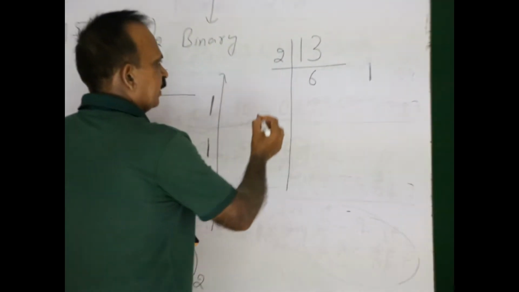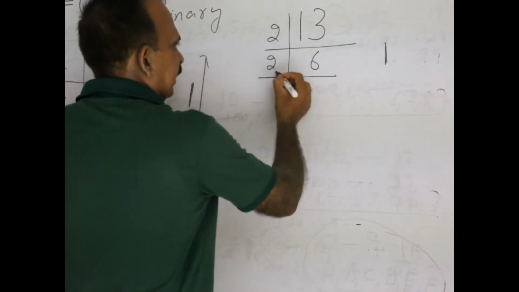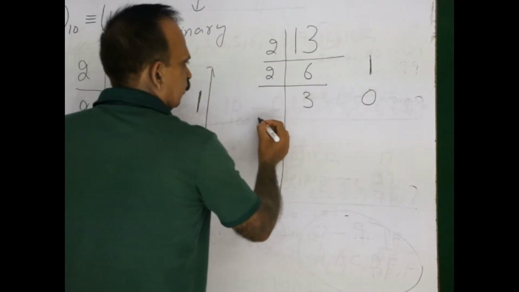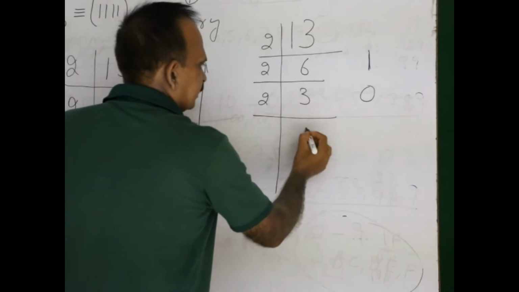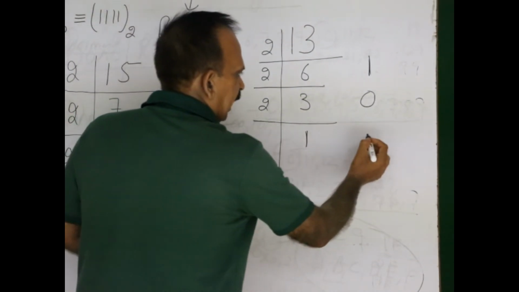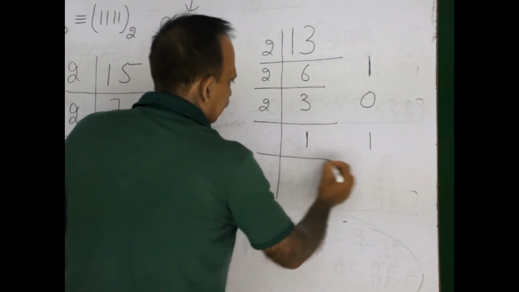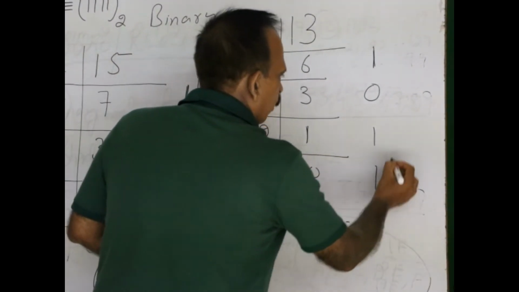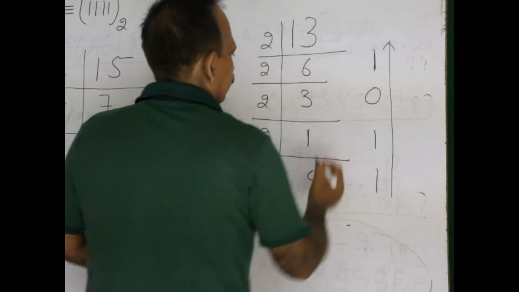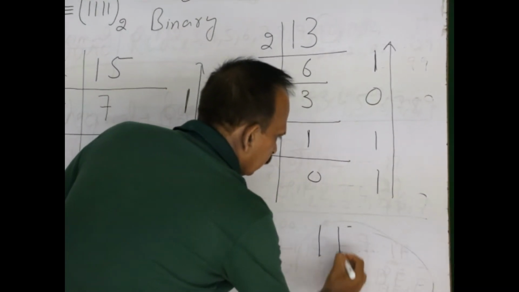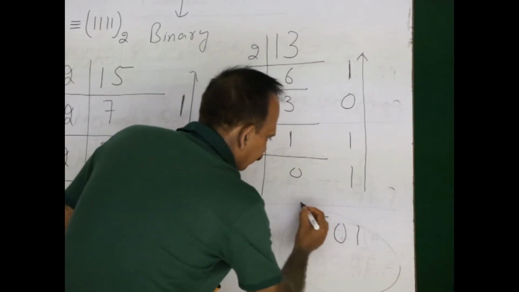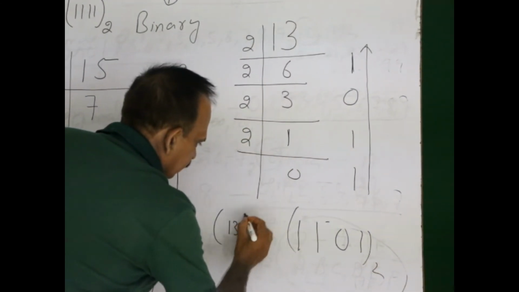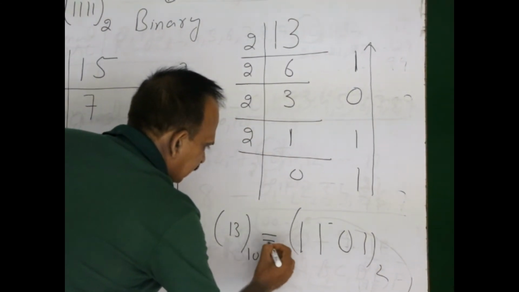Again divide by 2, successively, and this time the remainder is 0. Divide this by 2, this is 1 and the remainder is 1. Divide by 2, this is 0 and the remainder is 1. Bottom to top, this number is 1 1 0 1. This represents the binary equivalent of the decimal number 13.